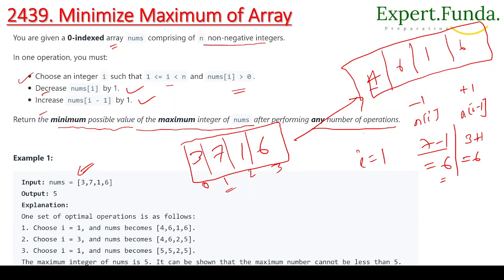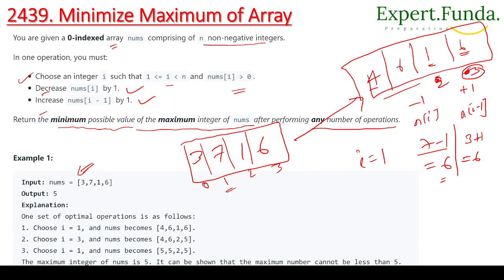Next time we go here. We have already done these operations, so this one and this one are left. These indices are 2 and 3. We start with index 3 so that we can update this one also. We decrease this one, but we increase this one.